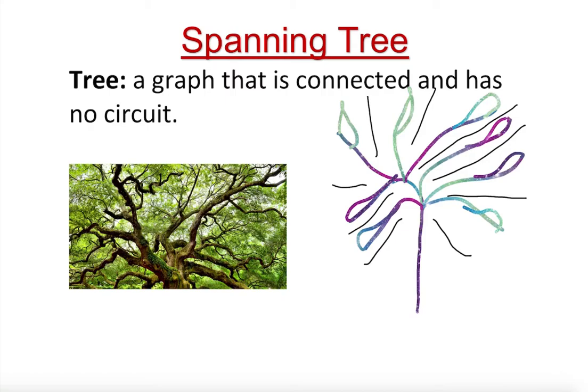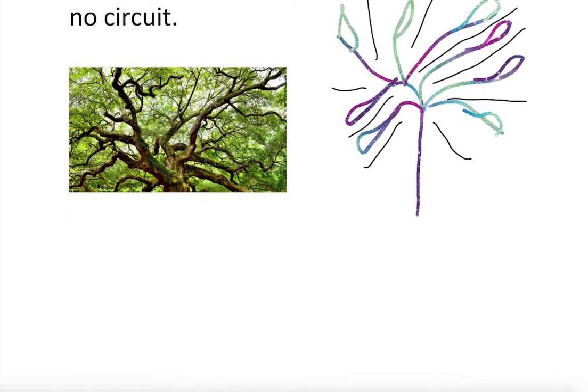Now I can actually create a couple more here. So if I have this one here, very simple one, obviously this is a tree. Why? Because everything is connected and it's open. You can go through everywhere. So this is a tree. Okay? I can even make it more complicated.